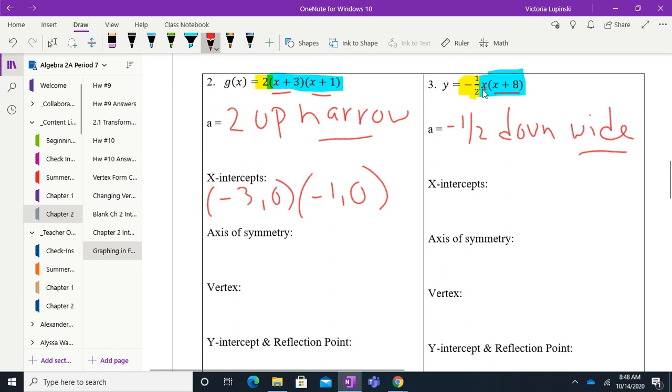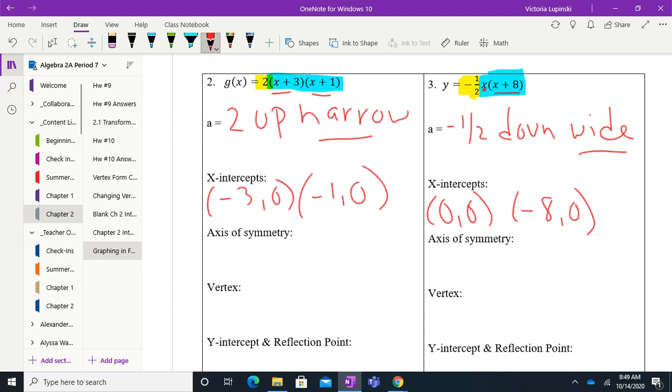And then you have this hidden little x here. So that x by itself is still considered to be a factor. Whenever you see an x by itself with no plus or minus, that automatically means that the answer is 0. And then x plus 8 means that the answer is negative 8.